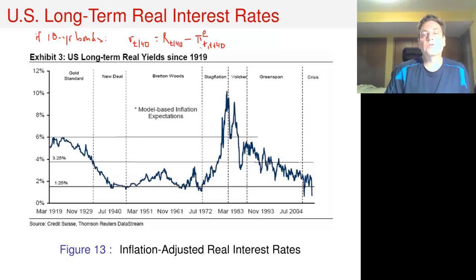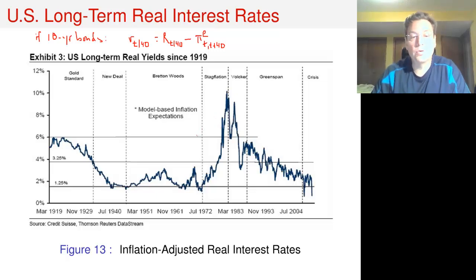And here they're not just using the actual inflation rate over the term of the bond, they're using some model derived inflation rate. And what you can see here is that in general, long-term real interest rates have also fluctuated quite a bit. They tend not to be negative, and they tend on average to be higher than those 1 quarter real interest rates that we were talking about.